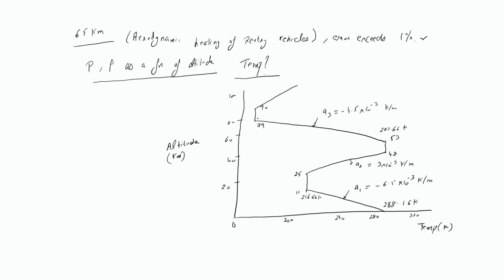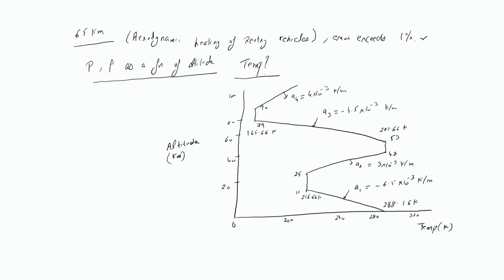Here the temperature is 165.66 Kelvin from 79 to 90 kilometers. And this is another slope, A4, 4 into 10 to the power minus 3 Kelvin per meter. Alright, so this is the temperature profile of how it is varying with the altitude.